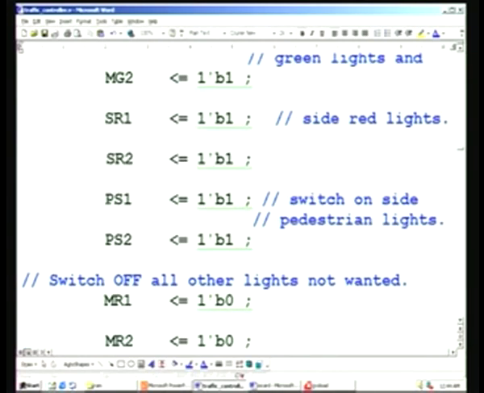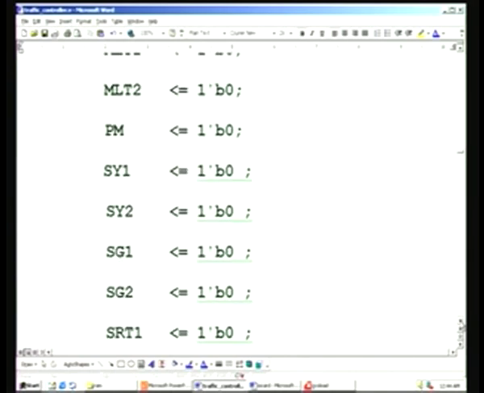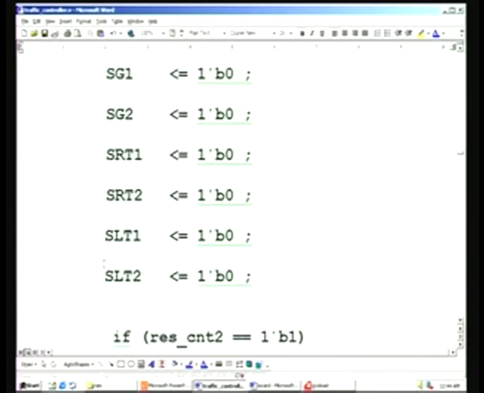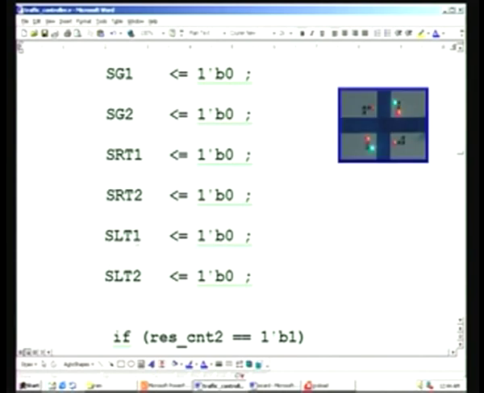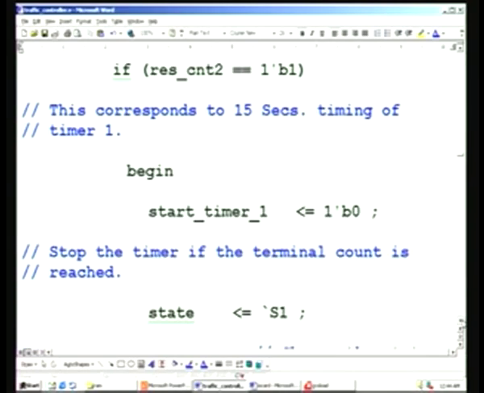So, you have seen here pedestrian is included here, side pedestrian can cross when the main switches lights are on, green lights, and we have turned PS1 and PS2 to 1 here, and all other lights is exactly the same that we are going to see all through in each of the extra sequences that we have added. And for example, we had to turn off unwanted left signal here, and that is what we are doing here. This is for 15 seconds timer.